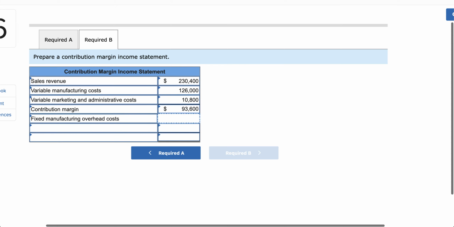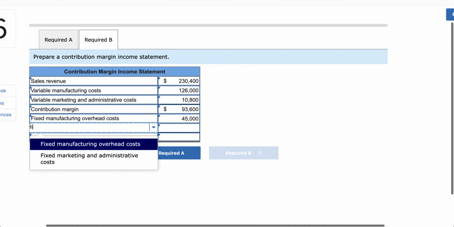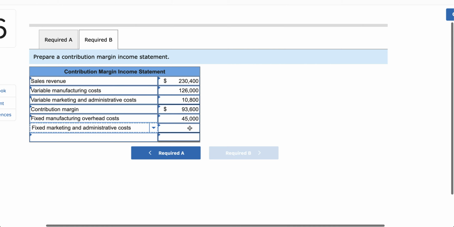We go into our fixed manufacturing overhead cost. Excuse me. And that is $45,000. Again, the numbers we already calculated in A. And then we have the fixed marketing and admin. And that is $18,000.